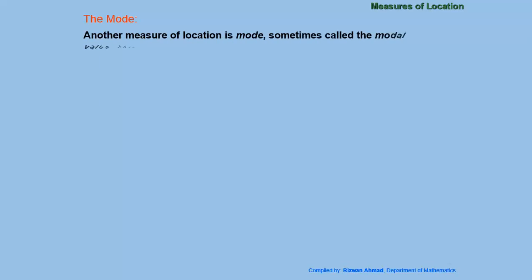Okay, then the next way of finding the center value of the data is the mode. It's another measure of location which is called the mode. Sometimes it is also called the modal value. This is defined as the most frequently occurring value in the data.